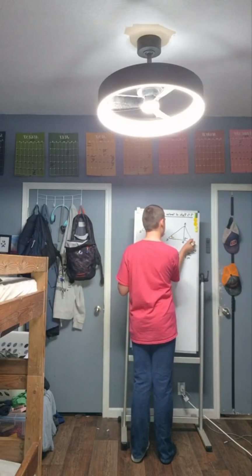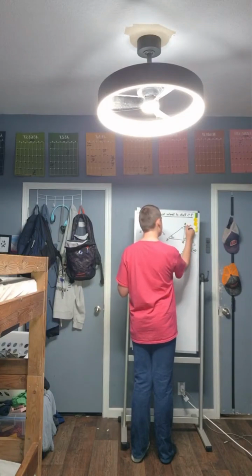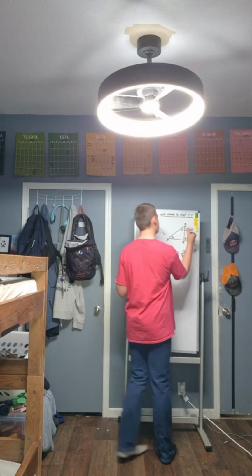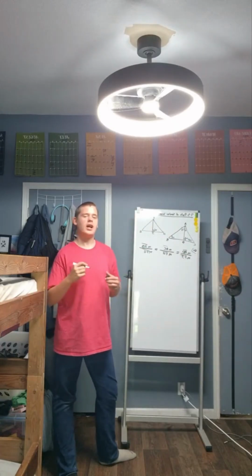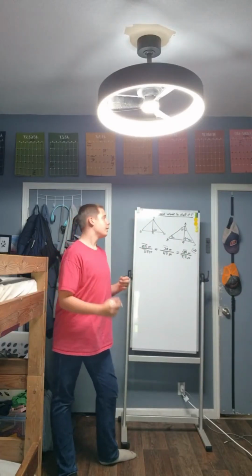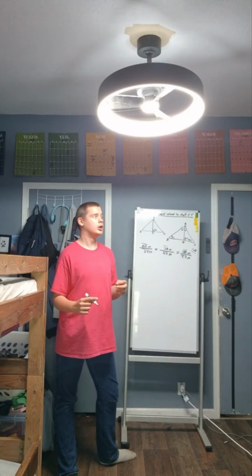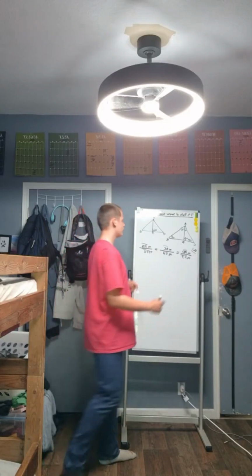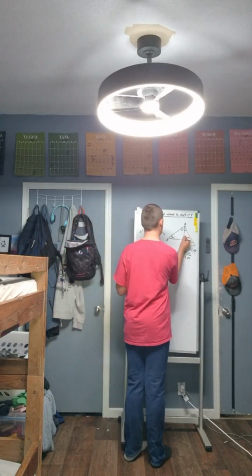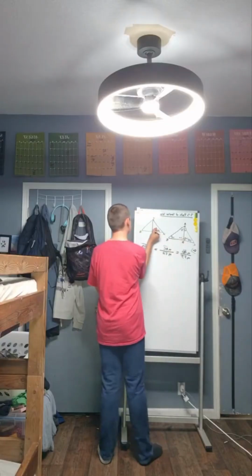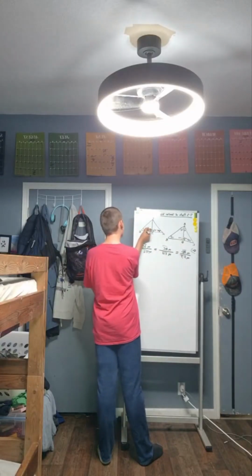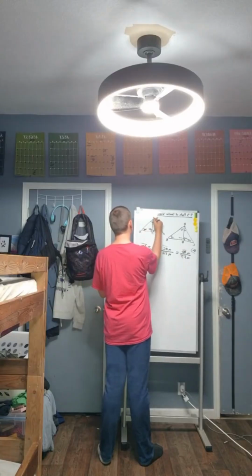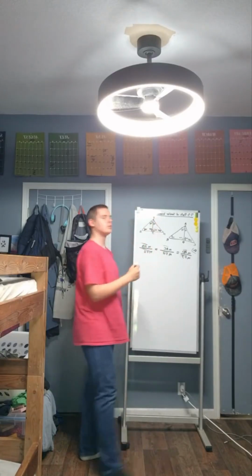This might be 45 degrees, and then if that equals 45, then this should equal 45, because the interior angles need to add up to 180 degrees. This is also a right angle. This is also a right angle. This is 45. This is 45. This is 45. This is 45.